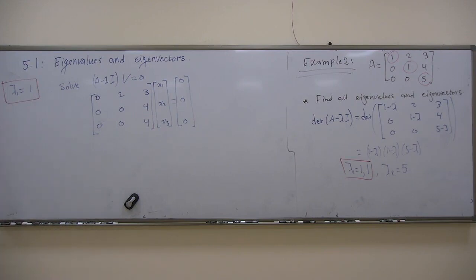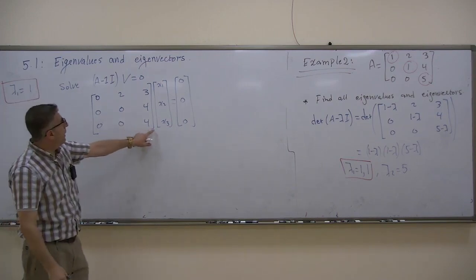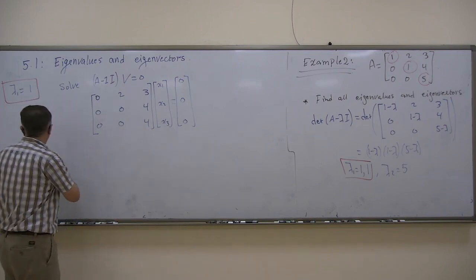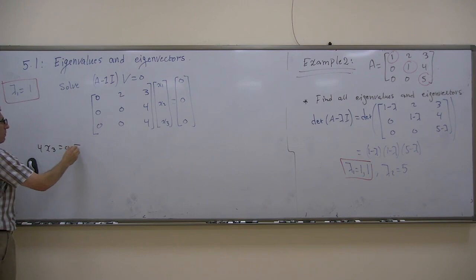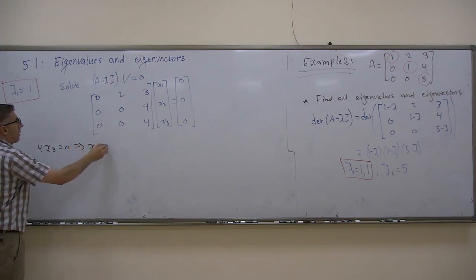So what do you get? Well, if you think about this, it's actually in echelon form. So from here, you can say 4x3 is 0. So that means x3 is 0.